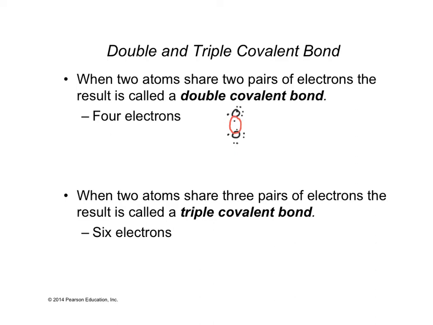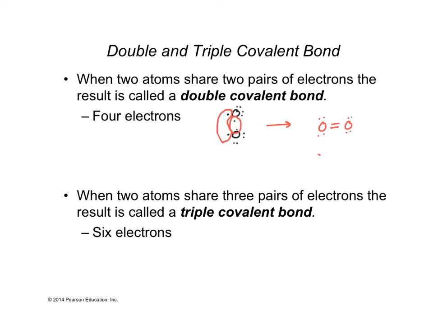Just 7. So what do we need to do to get everyone with 8 electrons? Then we have another set of unpaired electrons that can form another bond. So we have oxygen forming a double bond with another oxygen.